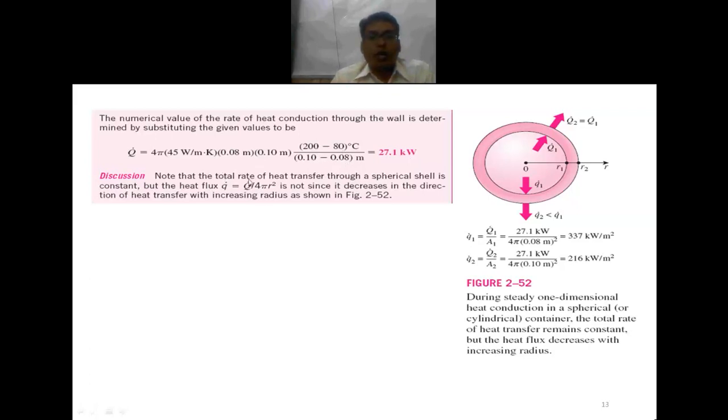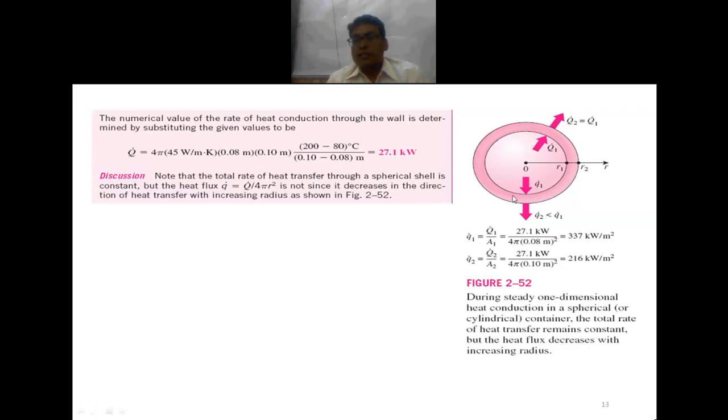Note that the total rate of heat transfer through a spherical shell is constant, but the heat flux, q dot, which is equal to Q upon area, that is 4 pi r square, is not, since it decreases with the direction of heat transfer with increasing radius as shown in the figure.